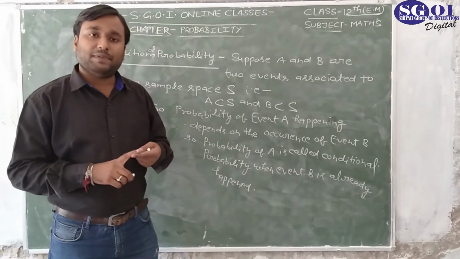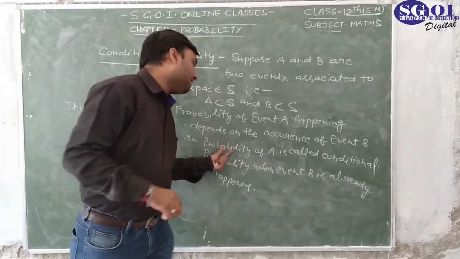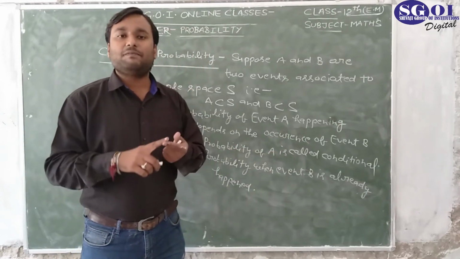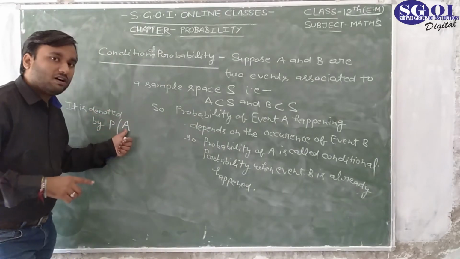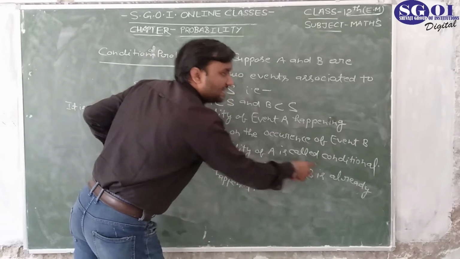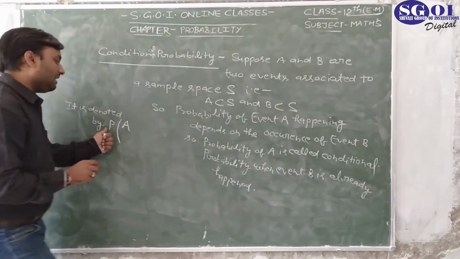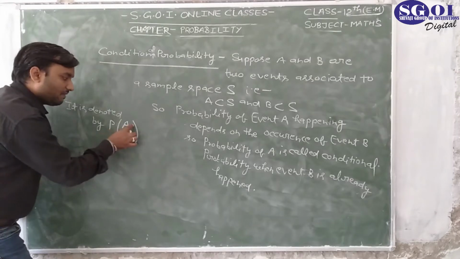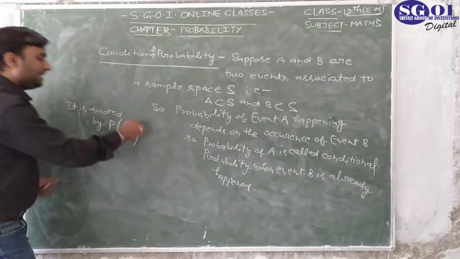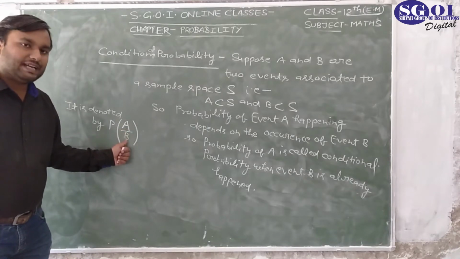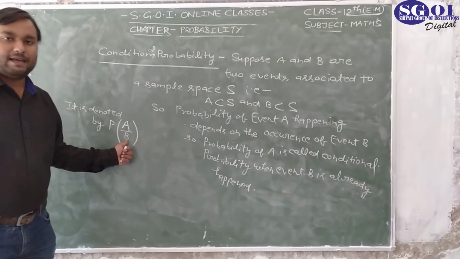Occurred means happened. We have to find the probability of A. The condition is that B has already happened. So we denote it by P(A|B). It is called conditional probability of A when event B has already happened.